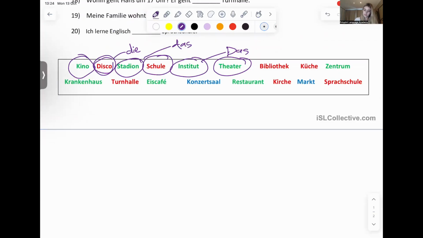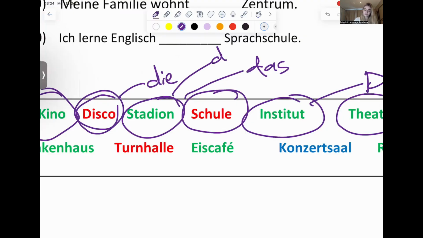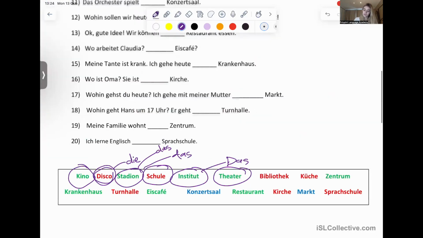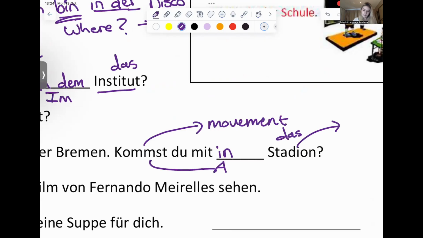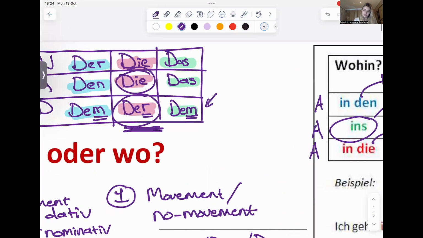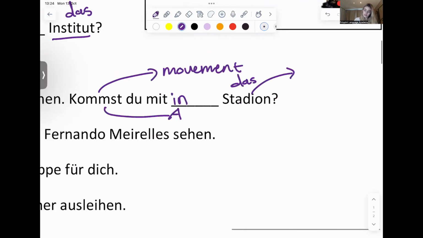Wo ist Stadion? Stadion. Stadion. Ja, das. Okay. Also, kommst du mit? Und das ist das. This is accusative because it's movement. So let's quickly check. Accusative does not change. Kommst du mit in das Stadion?